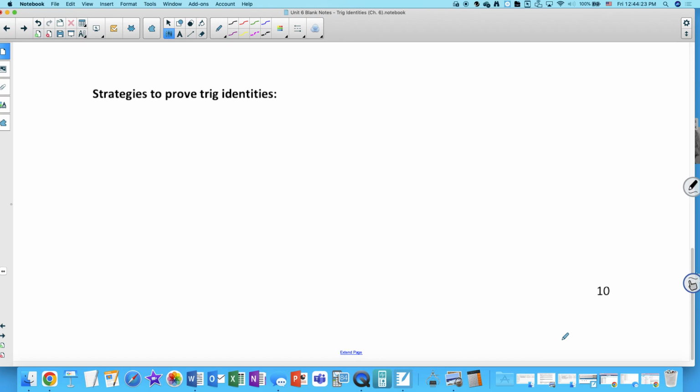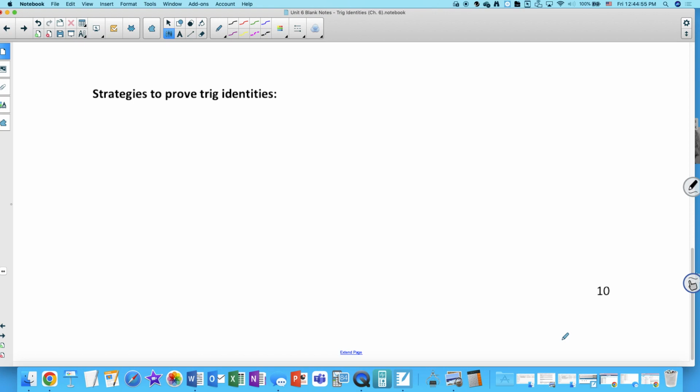Okay? So the first thing that I would do when I'm looking at a trig identity, the first thing I have to decide on is which side am I going to work on, right? Sometimes we only work on one of them. Sometimes we work on both of them and get both sides to equal some other expression. But typically, if you're in that situation where you have to work on both of them, one side still needs way more work than the other one does, okay? So you got to pick which side you're going to start with.